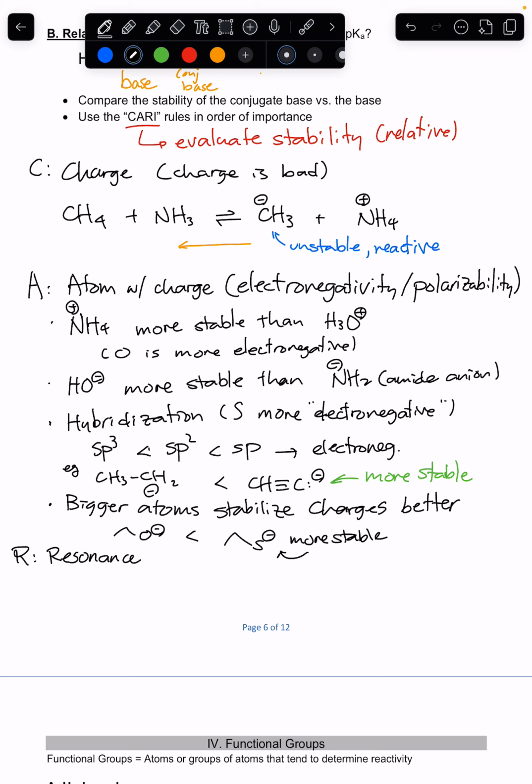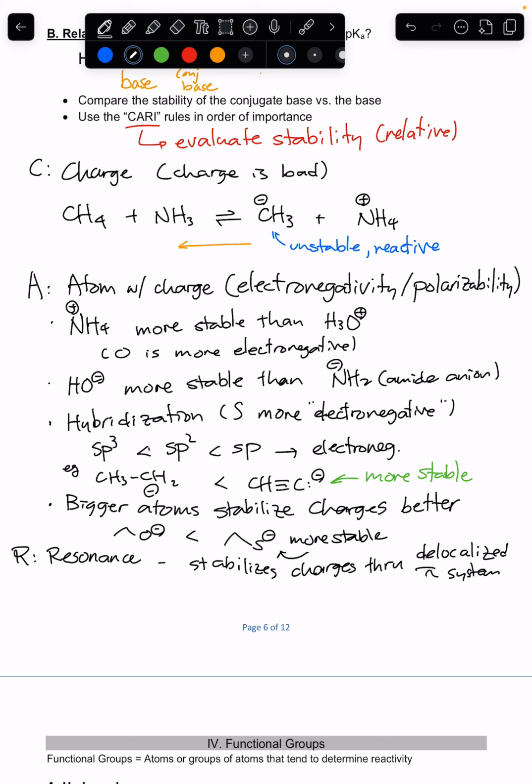Okay, and this just means that if you have resonance, it stabilizes charges through a delocalized pi system.